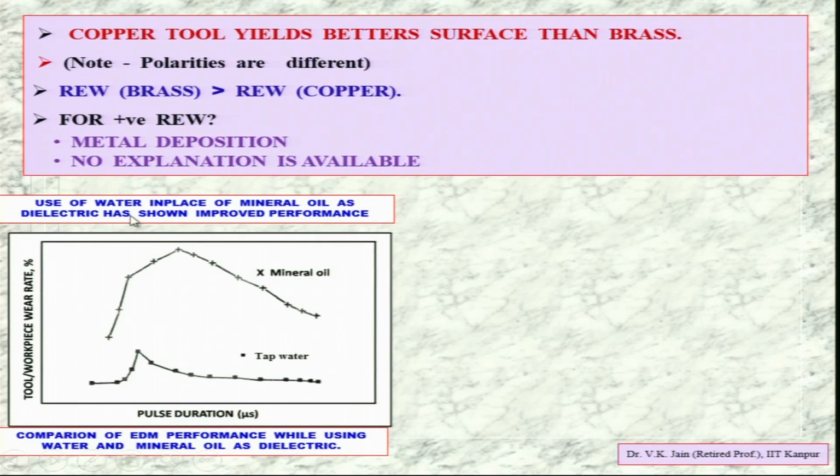Use of water in place of mineral oil as dielectric has shown improved performance. You can see here the tool to workpiece wear rate. The tool to workpiece wear rate is very high in the case of mineral oil, which is not desirable, because we do not want the tool to wear out, but in the case of mineral oil it is very high as compared to the tap water over here.